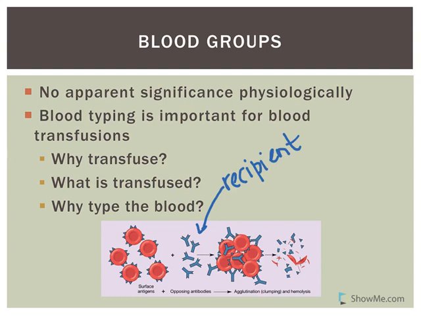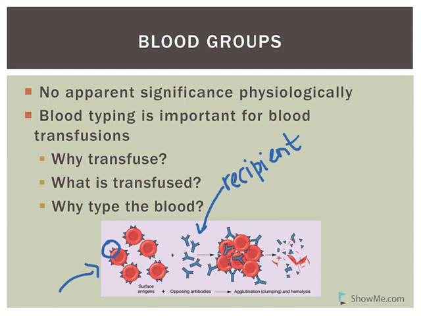So if a recipient has antibodies against, say, the B antigen in their blood, and they're given blood cells from someone who has the B antigen on the red blood cell surface, what can happen is a situation referred to as agglutination. That's why I wanted you to remember that word, agglutinins.